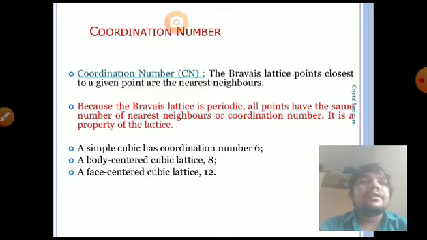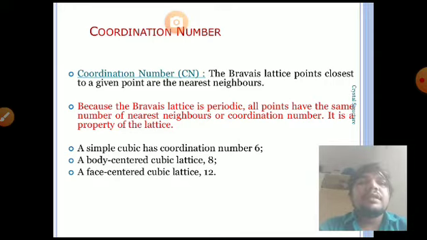The Bravais lattice points closest to a given point are the nearest neighbors.